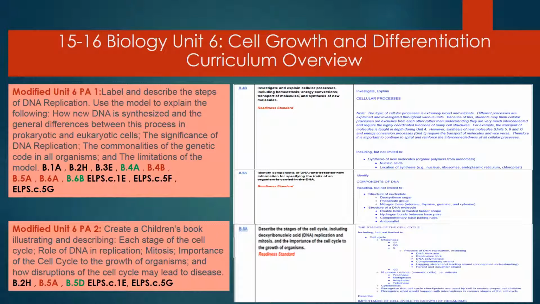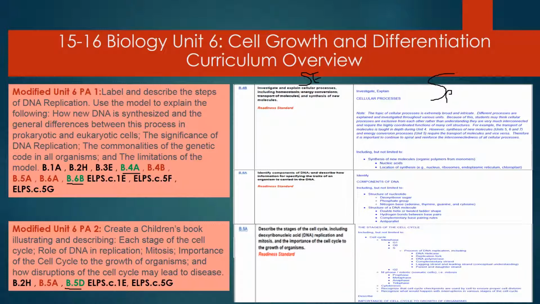Okay, and so we're looking at the modified PAs, and we're chunking the SEs that are to go with each of those PAs. And so here you have your specificities, and you have your SEs here. And all I did for this one was chunk the readiness standards because I had limited space, but of course you would also embed the readiness as well as the supporting standards that go along with them for each of those PAs.